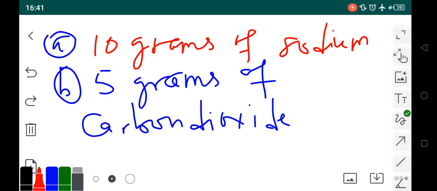So start with this one, 10 grams of sodium.